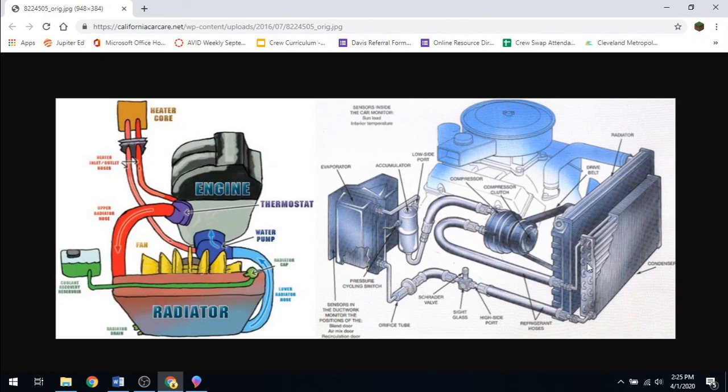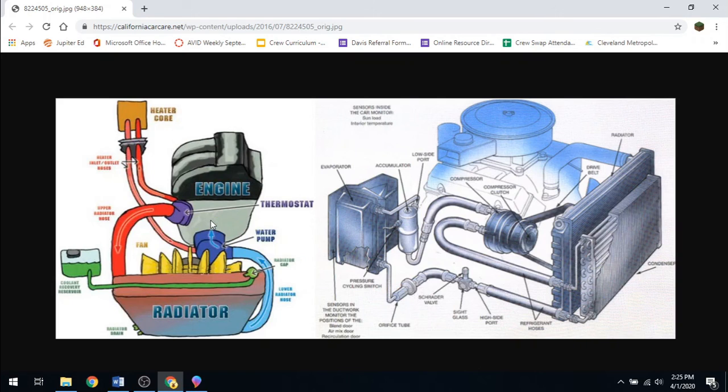The radiator has all of these little tiny metal bands which the coolant passes through, and then you've got a fan which blows on that, and that will blow the heat away and cool off the fluid. Then the fluid comes back out and goes back into the engine. That's how you keep your engine from overheating.